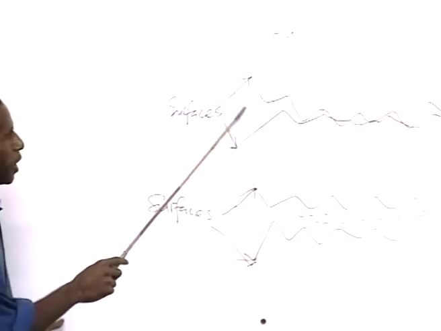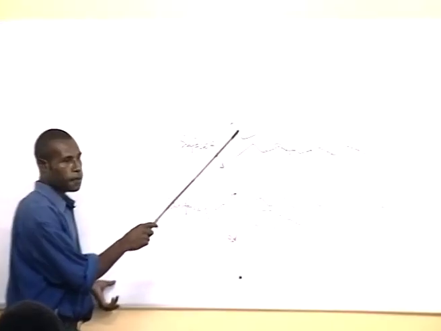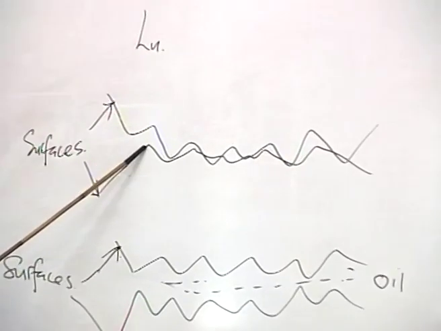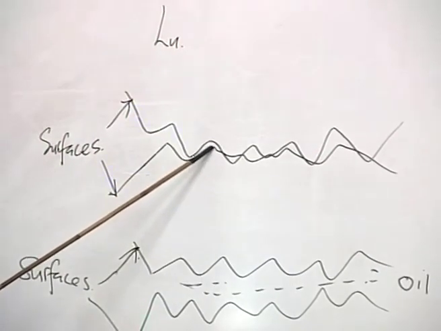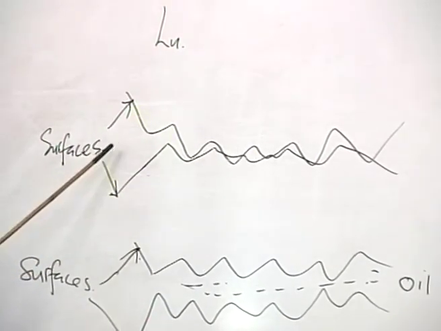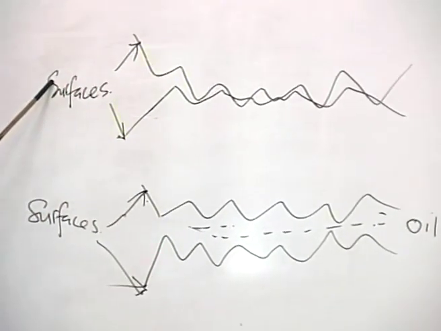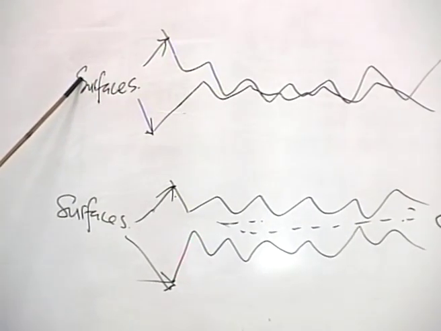The second one is parts of a machine which can be lubricated in order to reduce friction. When the machine is working, parts of it are movable. Looking at the diagram here, there are two surfaces in contact. When they are touching, a lot of friction is produced.